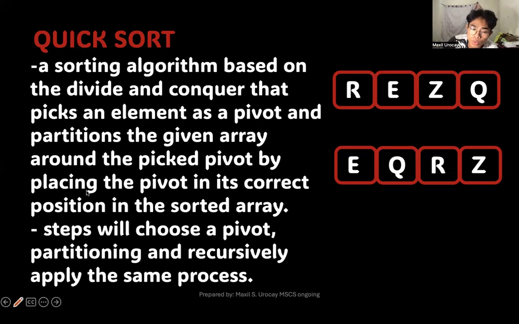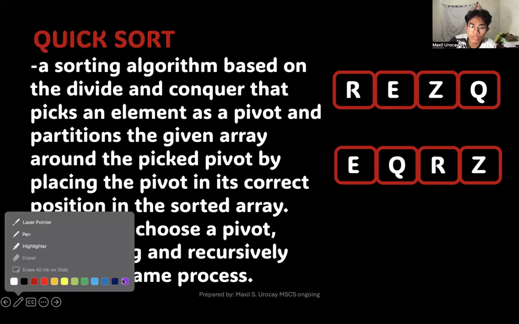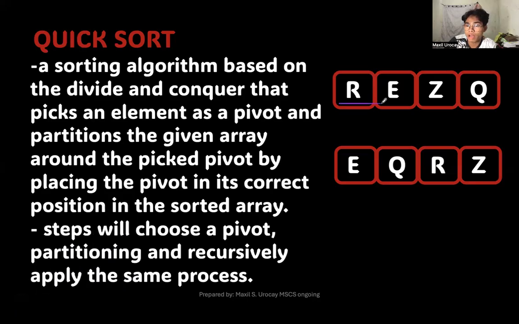if you choose a random pivot, you will focus on it. For example, your pivot right now is R, and your focus is to put R in place, in its specific position. That's how you will do that.